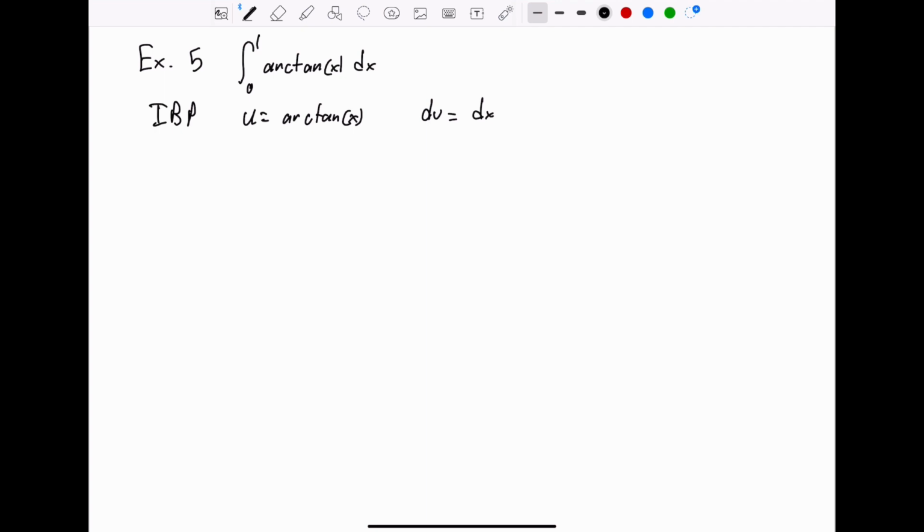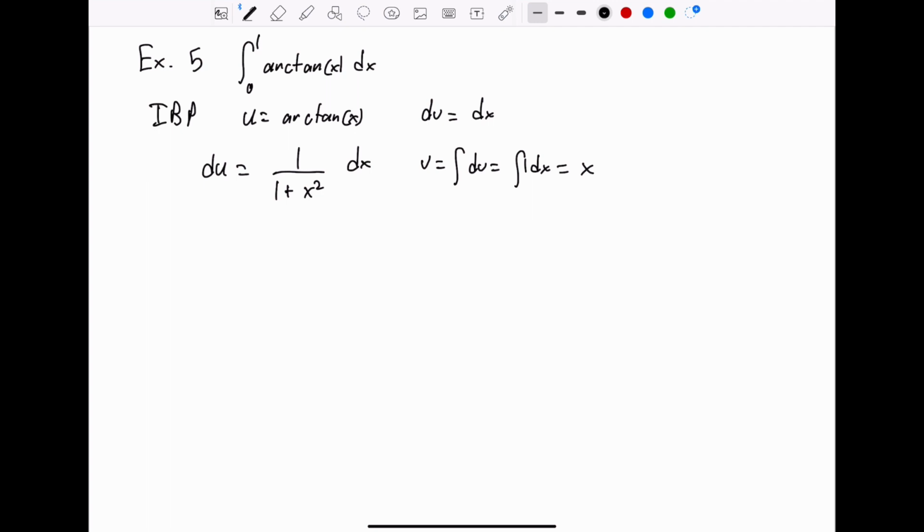Now we take the derivative of u. The derivative of arctangent is 1 over 1 plus x squared dx. Now, this is a relationship that we want to be comfortable with. The integral of dv is simply the integral of dx, which again, we're integrating 1 dx, so this is simply x.